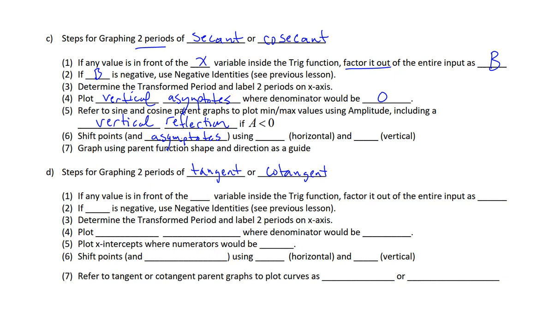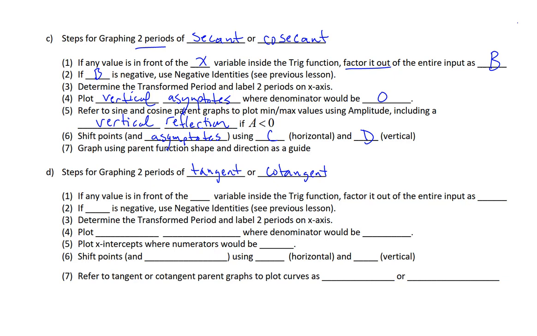A vertical line moving up and down is not really noticeable, but we'll note all this, using C for the horizontal shifting and D for the vertical shifting. That's just in keeping with what we did for sine and cosine, again using our A, B, C, and D setup. And then lastly, a seventh, we'll graph using the parent function shape and direction as a guide, which is why we want to be familiar with those parent functions as well.